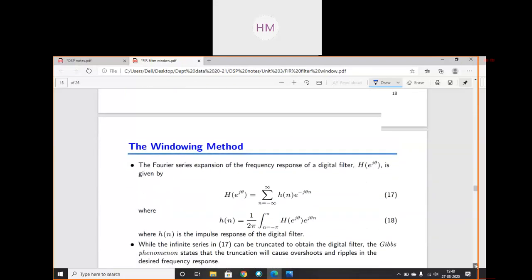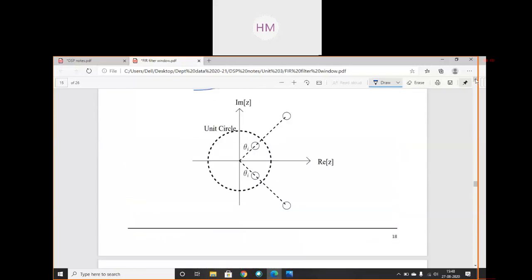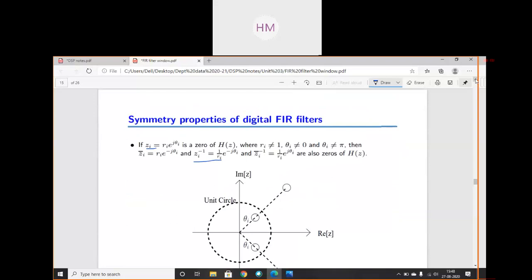So now we will start with the windowing method. Before going to the windowing method, we will solve a numerical to show how an FIR filter is a linear phase filter. So write down one numerical in your copy.